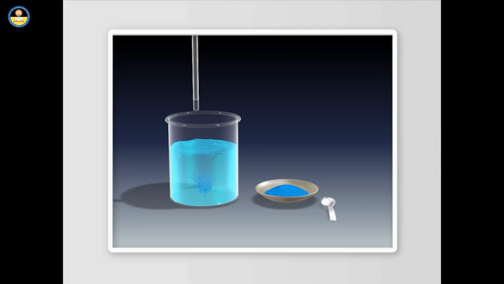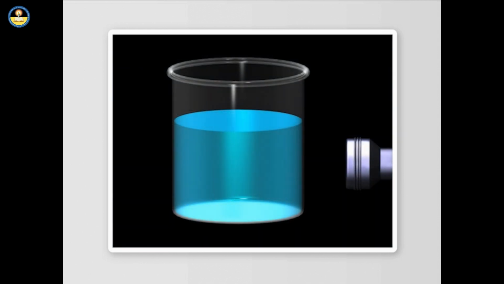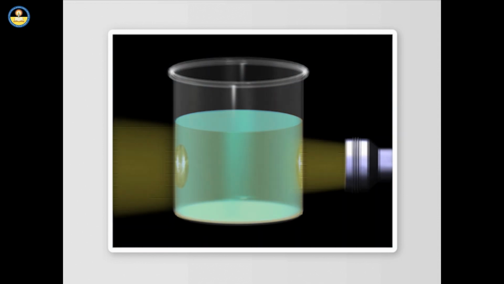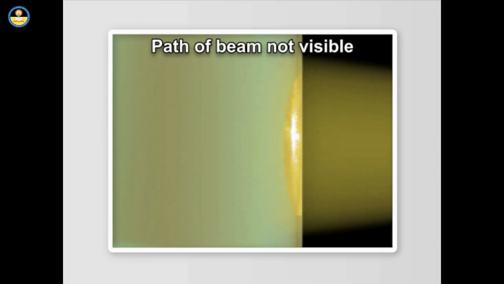We observe a clear light blue colored solution of copper sulfate. The clear blue solution indicates that the copper sulfate crystals have broken down into extremely small particles, which are no longer visible. When a beam of light is directed through the beaker and observed from the other side, the path of the beam of light is not visible.